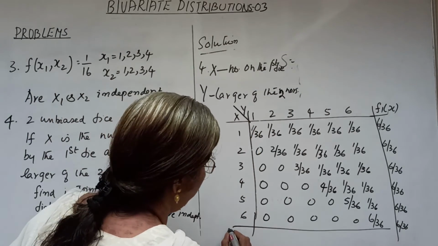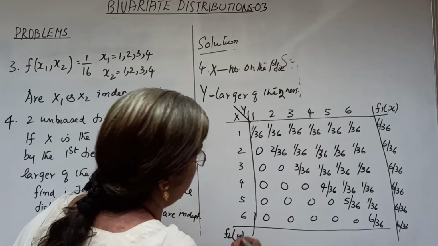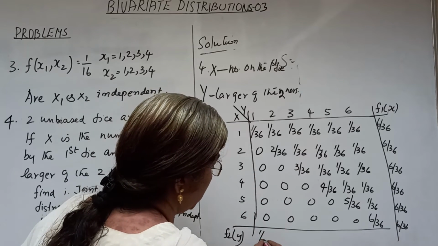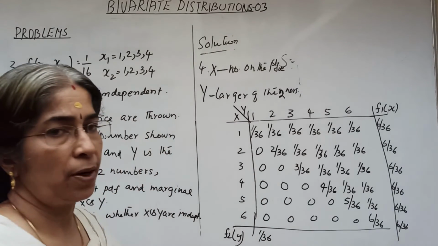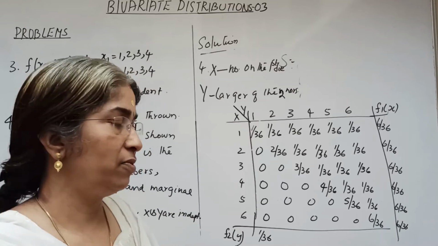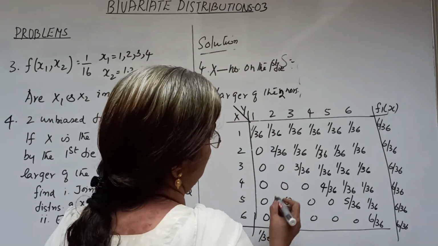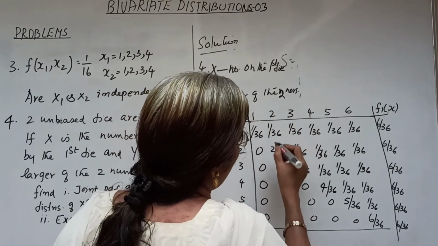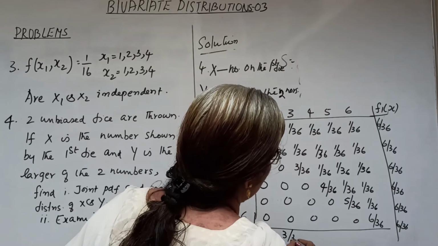Now what about F2(y)? It is only 1 by 36 for the pair (1, 1). Then 1 plus 2 gives 3 by 36.